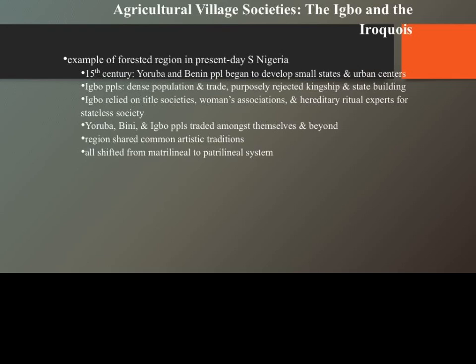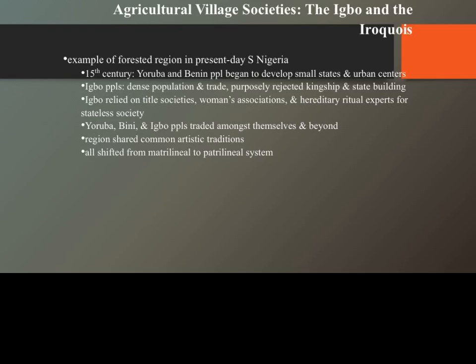And let's start with the first example in the forested region in present-day southern Nigeria. By the 15th century, Yoruba and Benin people had begun to develop small states and urban centers. The Igbo peoples developed a dense population and trade, but purposefully rejected kingship and state building.